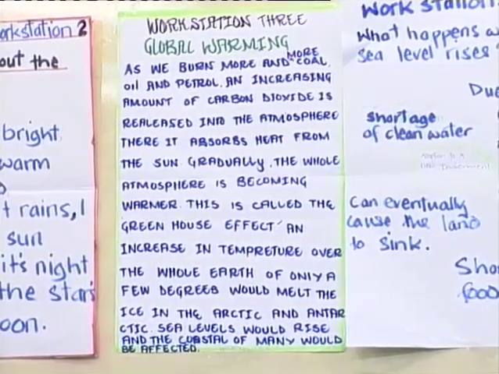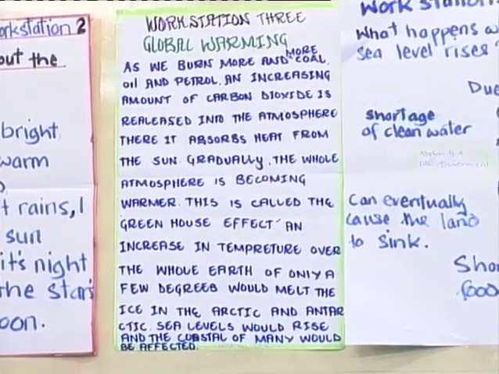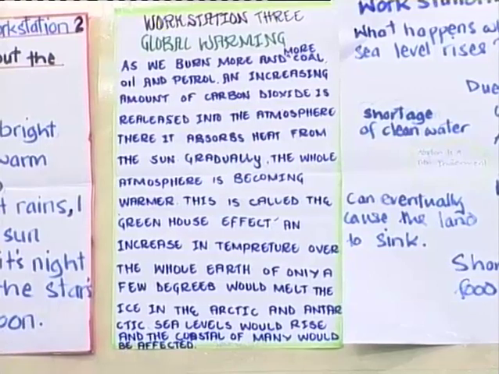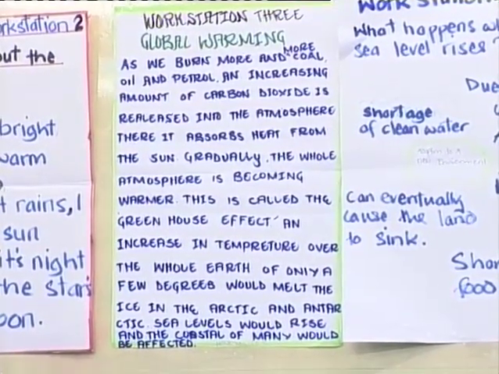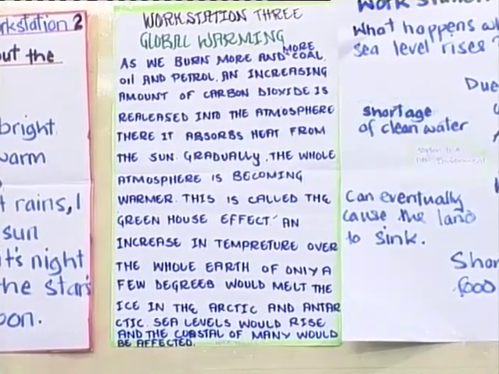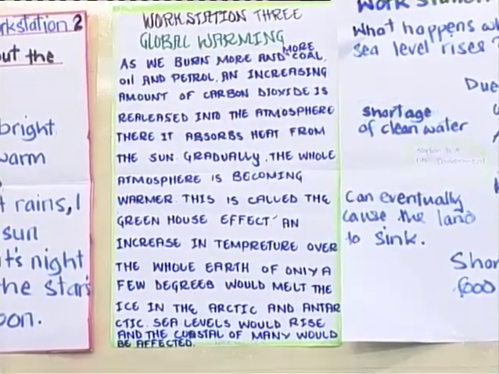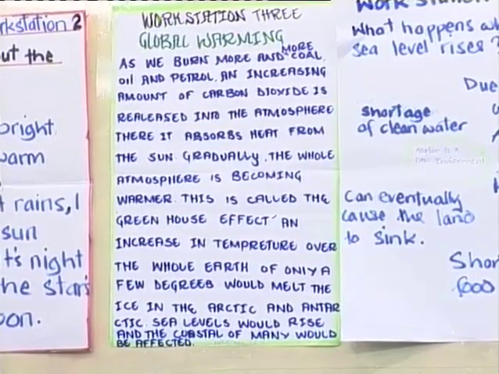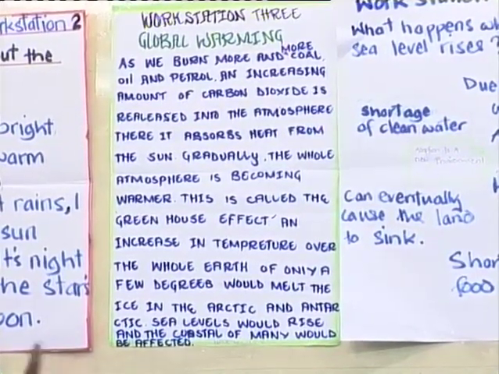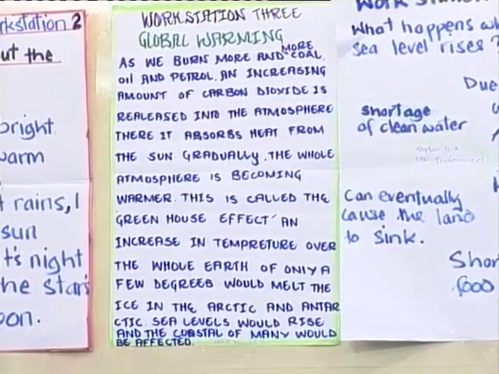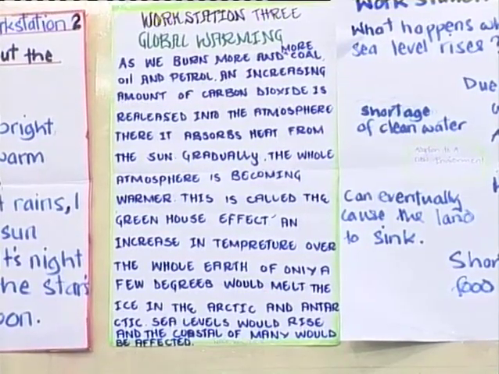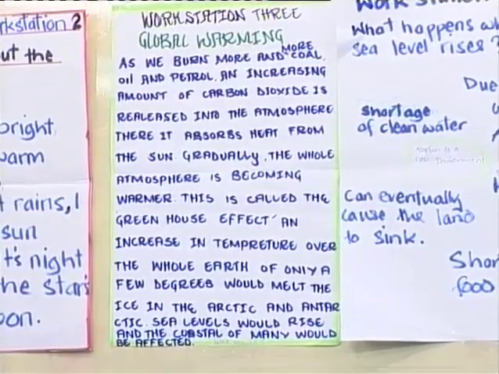This is called the greenhouse effect. An increase in temperature over the whole Earth of only a few degrees would melt the ice in the Arctic and Antarctic. Sea levels would rise and the coastal areas of many would be affected.